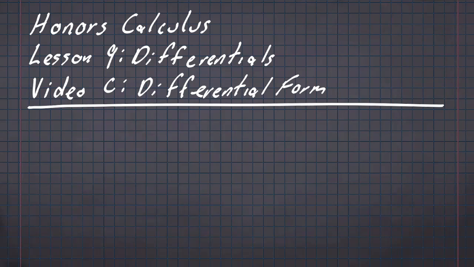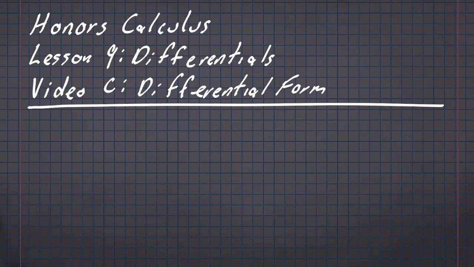In this video, we are going to continue our discussion of differentials with the idea of the title, namely differential form. As we've seen in our discussion on implicit differentiation and related rates, very often we run into a bit of a problem of not always being clear what variable a function is in, in order to take a derivative.